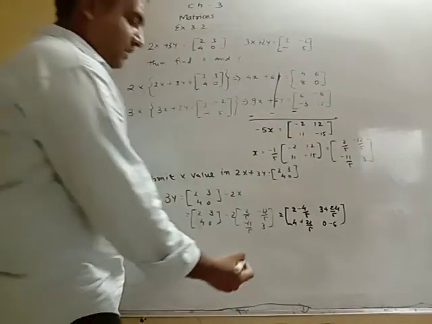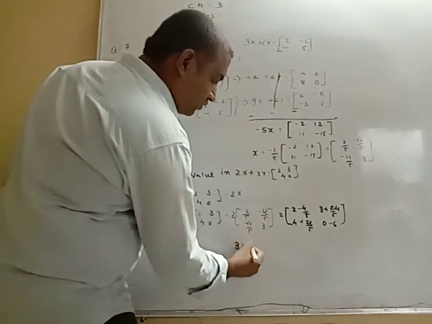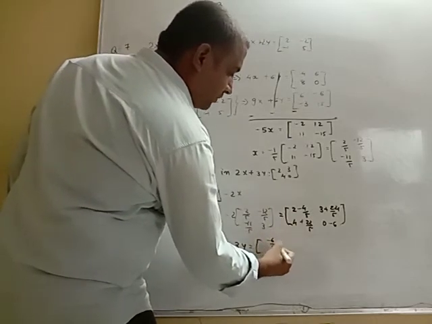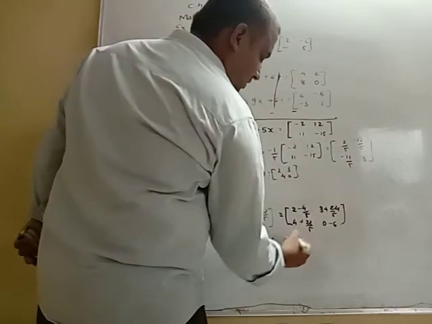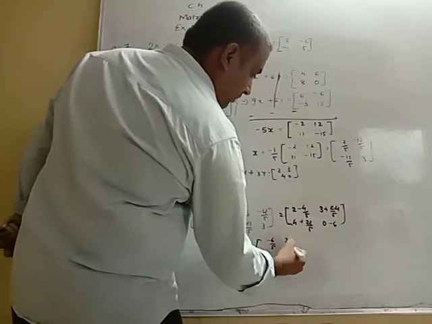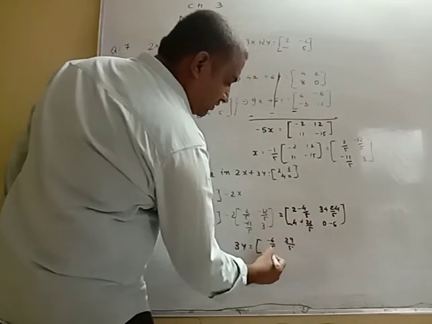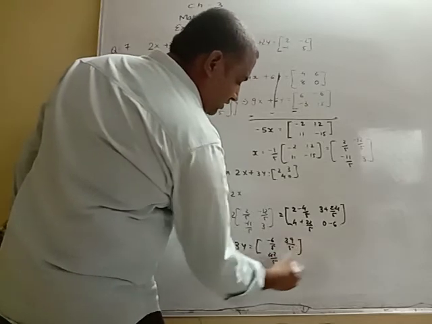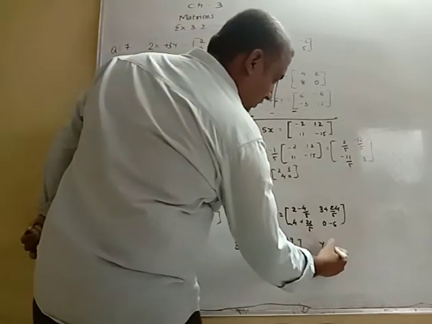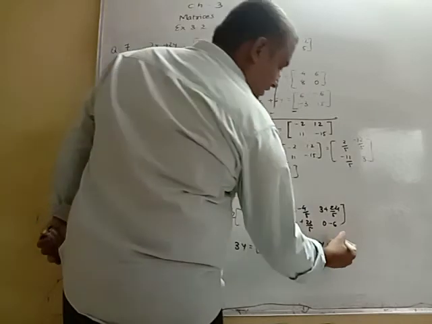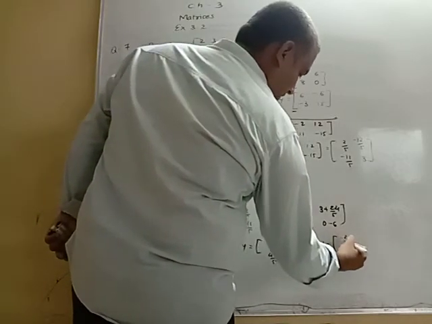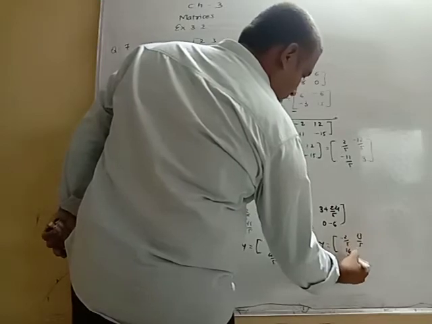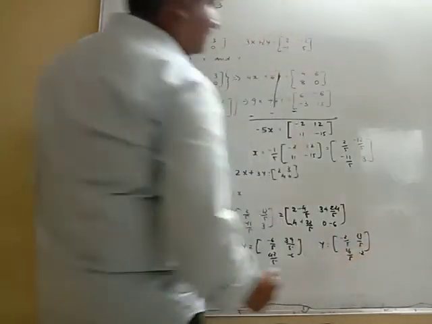So we will get 3y equals 10 minus 4 by 5, 15 plus 24 is 39 by 5, 20 plus 22 is 42 by 5, and minus 6. So y is equal to divided by 3 and 6 divided by 3, so minus 2 by 5, 13 by 5, 14 by 5 and minus 2.